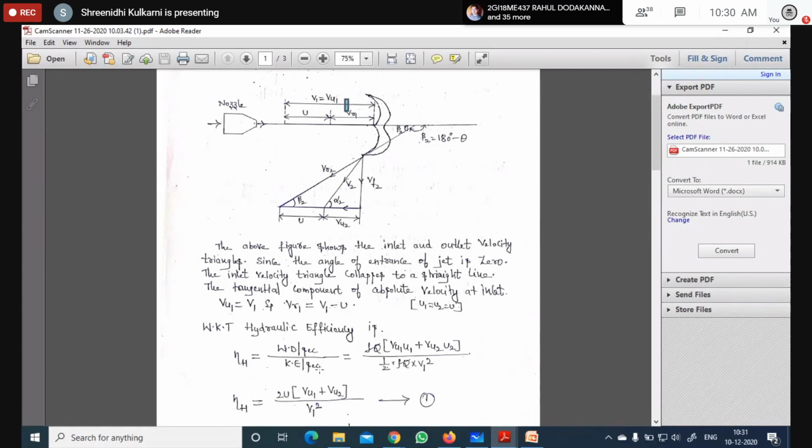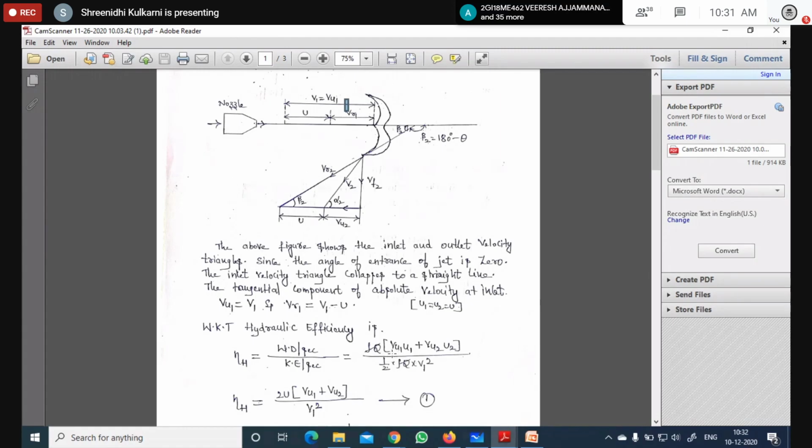What is kinetic energy? It is half into m v square. So m we can write in the form of rho into Q, and here also m dot. Instead of writing m dot, I wrote rho into Q. So these two will get cancelled.